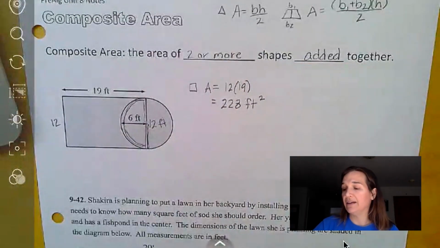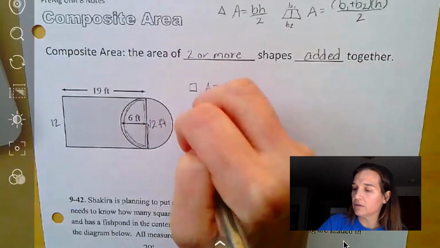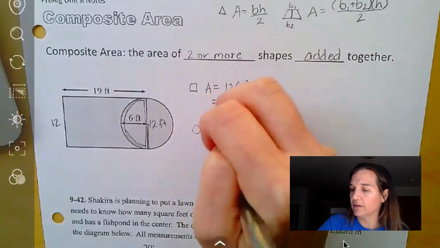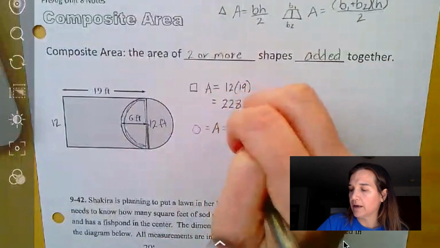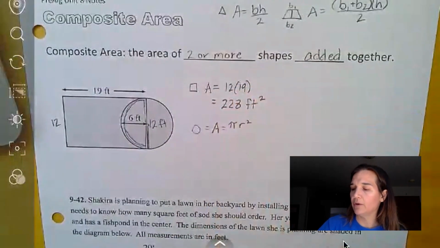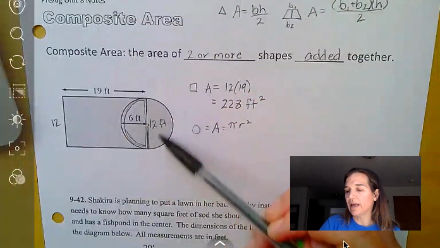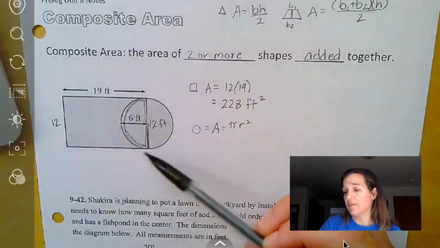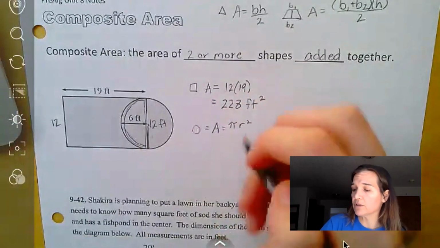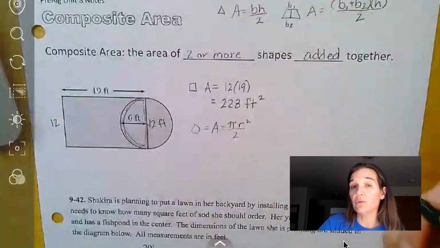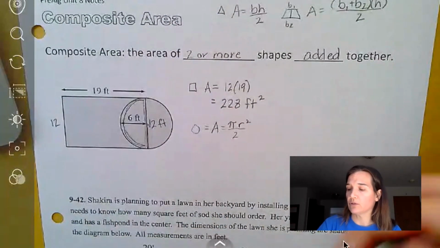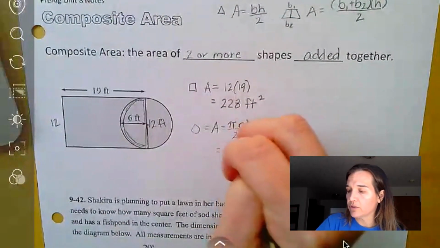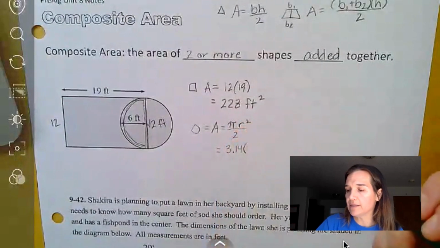Then we want to find the area of our circle. And the formula for that is going to be pi times radius squared. However, remember, we only want half of the circle's area this time, because otherwise we're counting this spot twice. So I'm going to divide that answer by 2 in order to find just the half circle's area. So 3.14 is what pi is equal to.